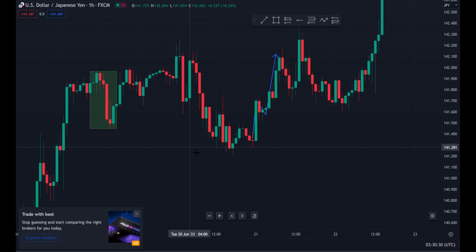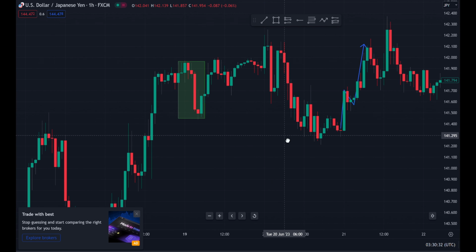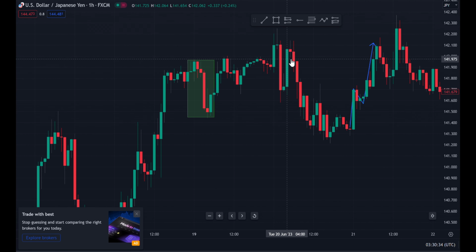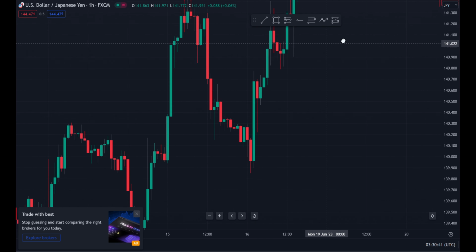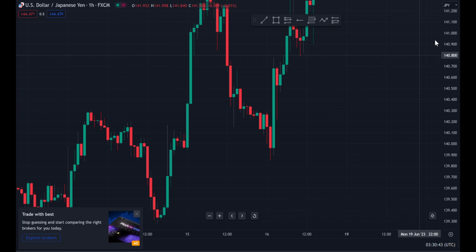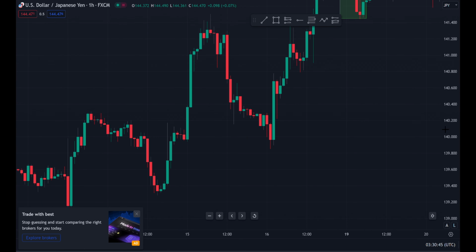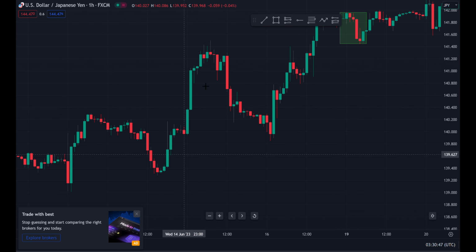Let me just go back. There are even others, drop base drop, rally base drop, but mainly I want the rally base rally. Just say this big one.